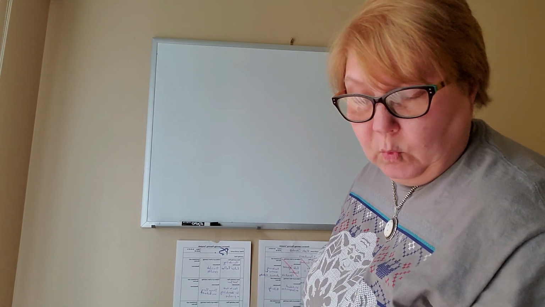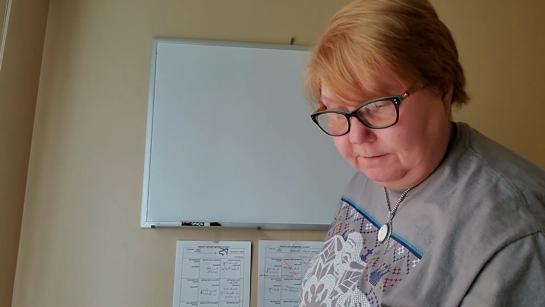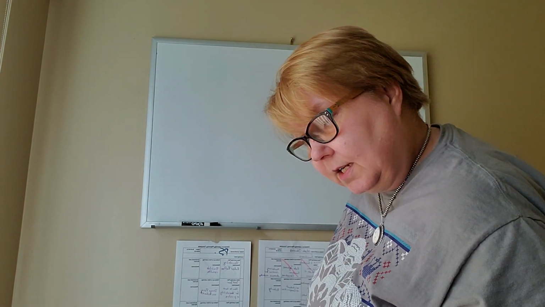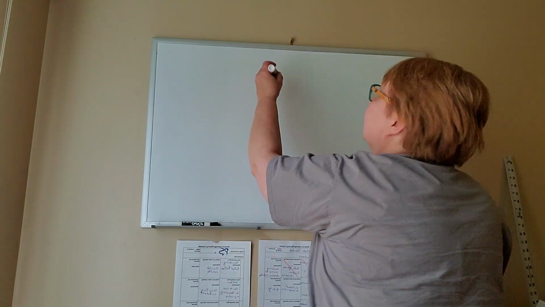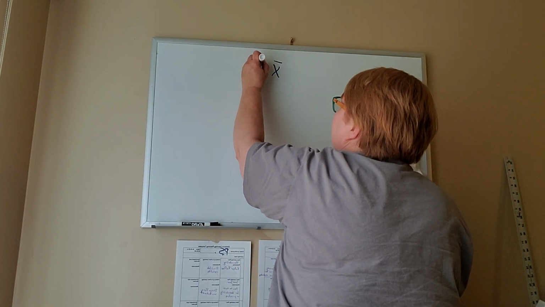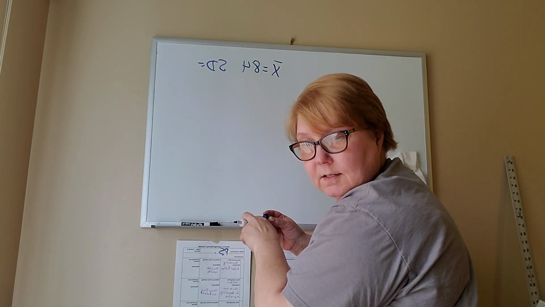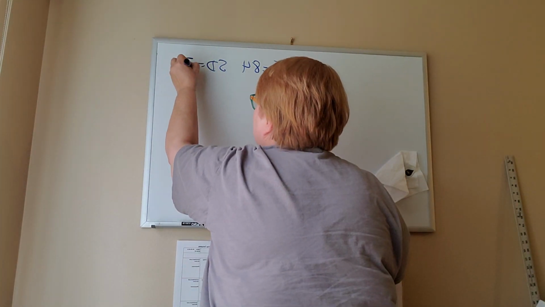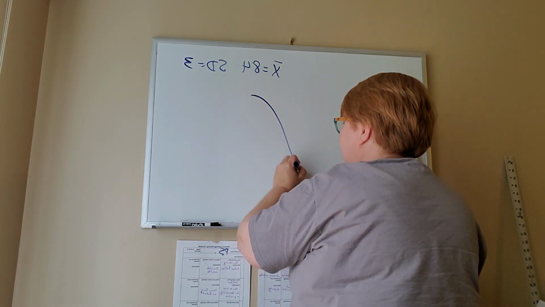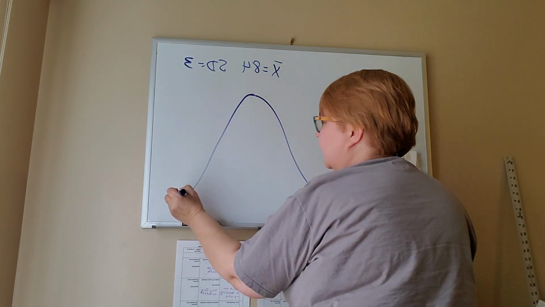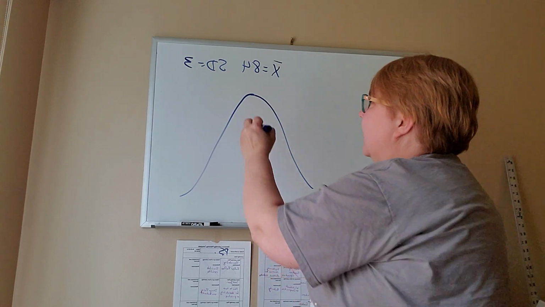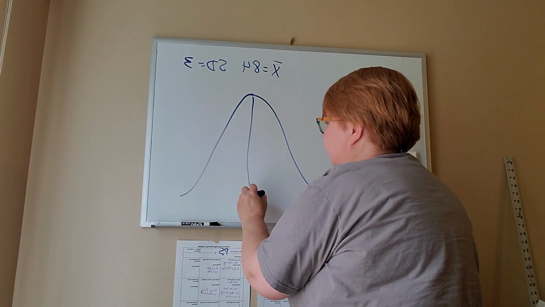So let's say we have the information that they gave you, which was that the mean is 84 and the standard deviation is 3. If I'm going to draw a normal curve, the mean here is 84.